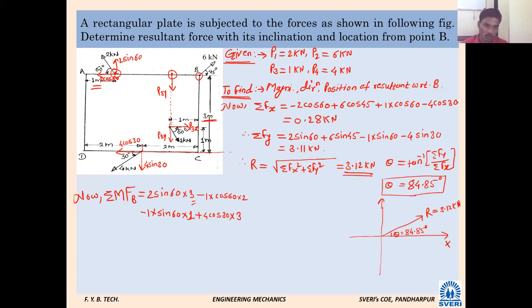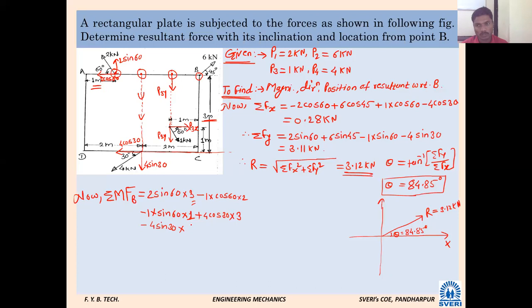Again, if I take this vertical component somewhere here, how will this object rotate? Anti-clockwise. Tell me then, will it be minus or plus? Minus. 4 sin 30 minus, into the perpendicular distance.